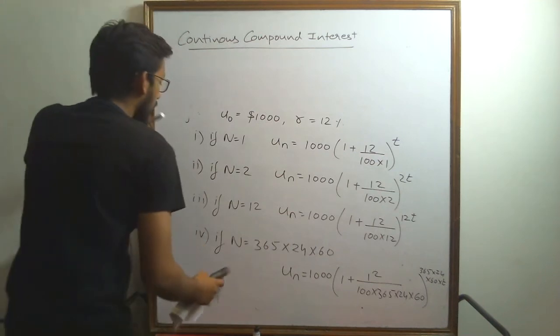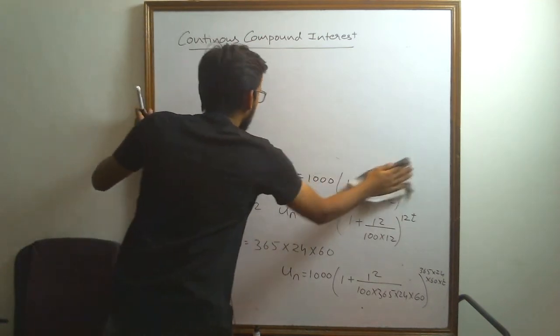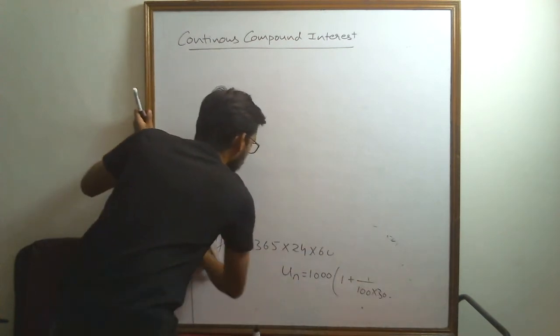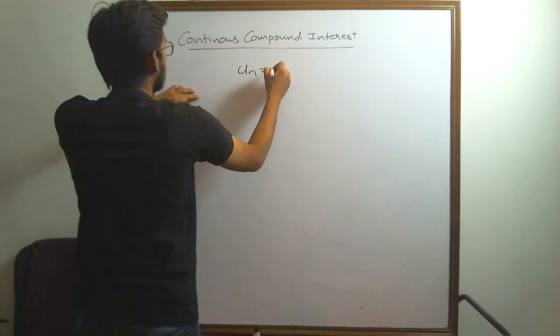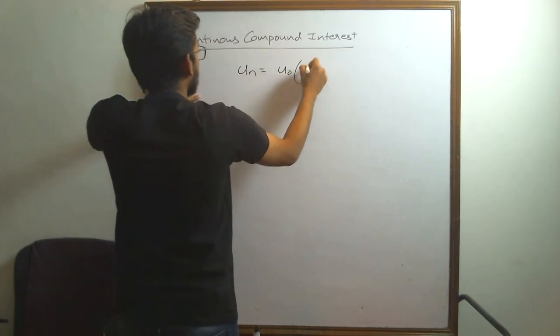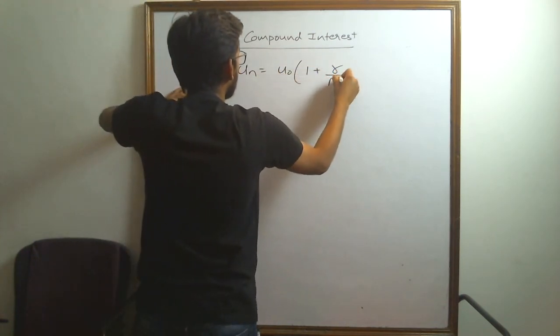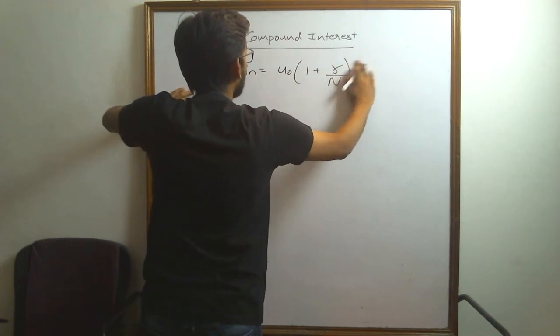So, as we see, the formula is Un is equal to U naught into 1 plus R upon N whole to the power N into t.